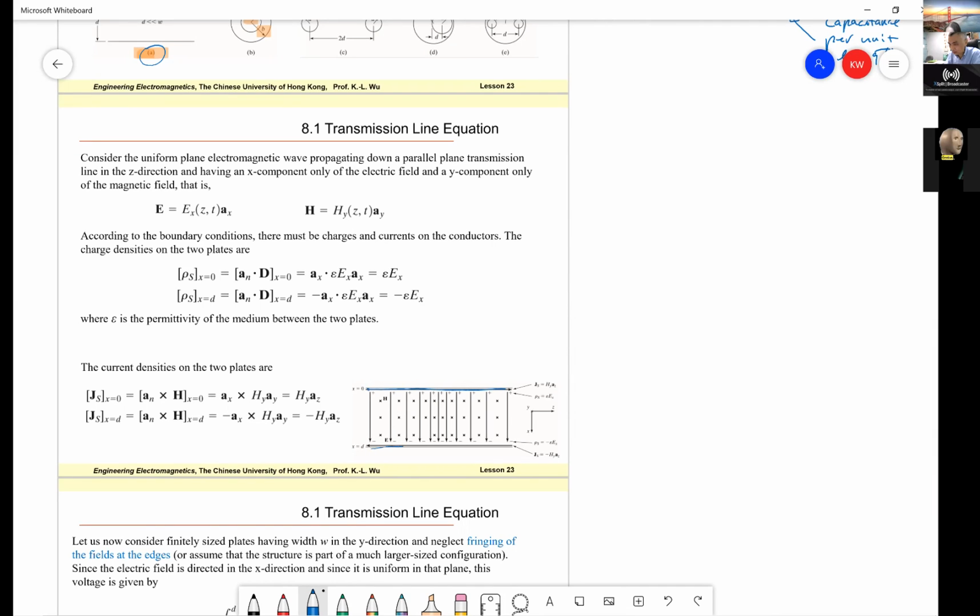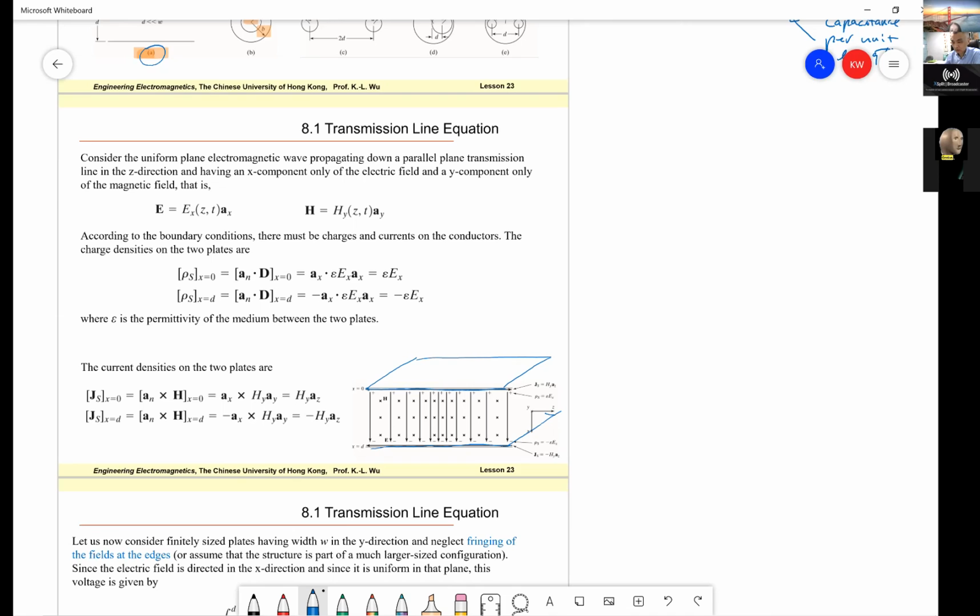Then suppose we have a finite width. This width is wide enough that it doesn't affect the field distribution. Okay, right.